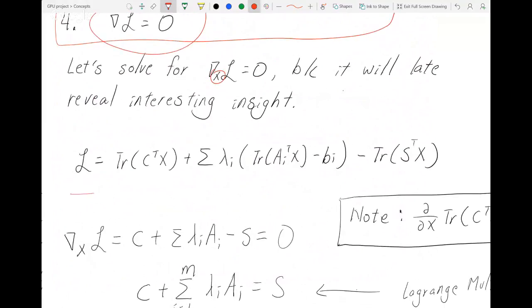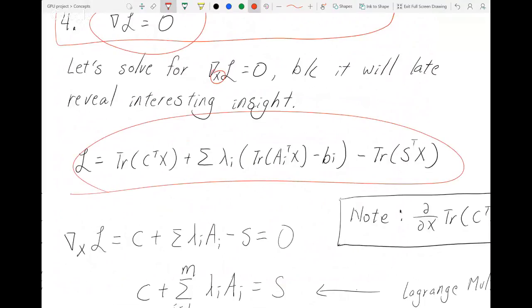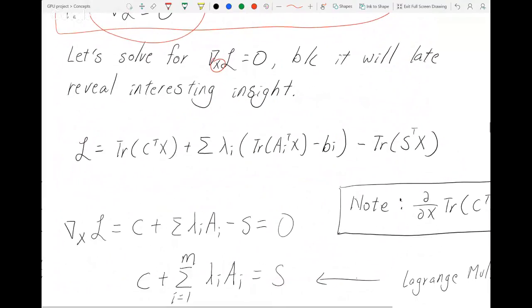Okay, so here is the Lagrangian. If we take the derivative of the trace, this right here is going to be equal to basically this. That's something you will have to look up on the table again, or memorize it, or basically mathematically prove it, which I've done.